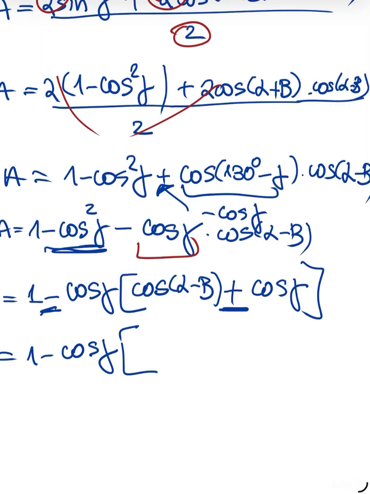Of course, you know that here we don't substitute the value of gamma with 180 degrees minus alpha plus beta, because it's not okay. And it is not okay because here we don't have something to simplify.